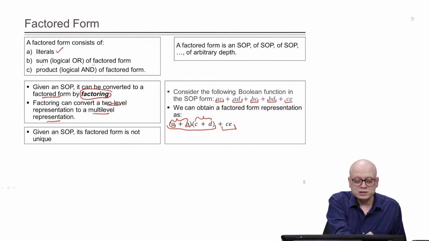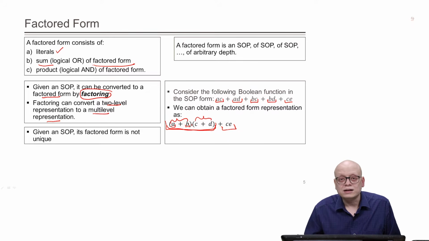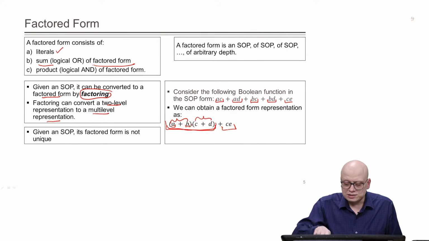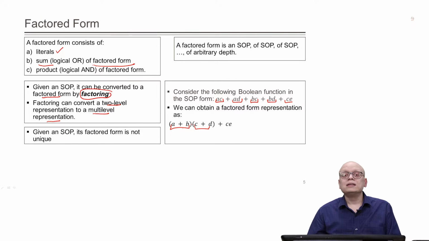So that is what is represented by this definition, sum of factored form, right. So this is a factored form, and we take a sum, that is we get another factored form. And similarly, if we take the product of factored form, we can consider this is a factored form, this is another factored form, and then we take a product of it, then it is another factored form, right.